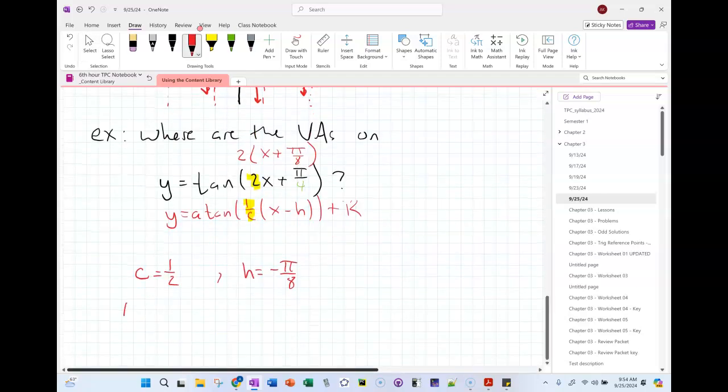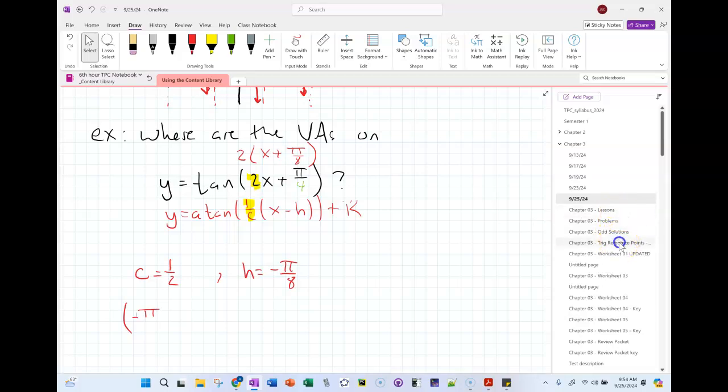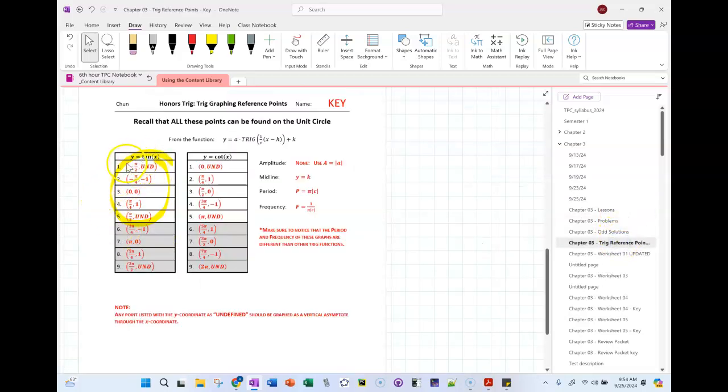Okay, so I'm going to go to my key points. And I remember from my reference points that negative pi over 2 is the location of my very first, or really any, vertical asymptote in tangent. So I'm going to be using that pi over 2.